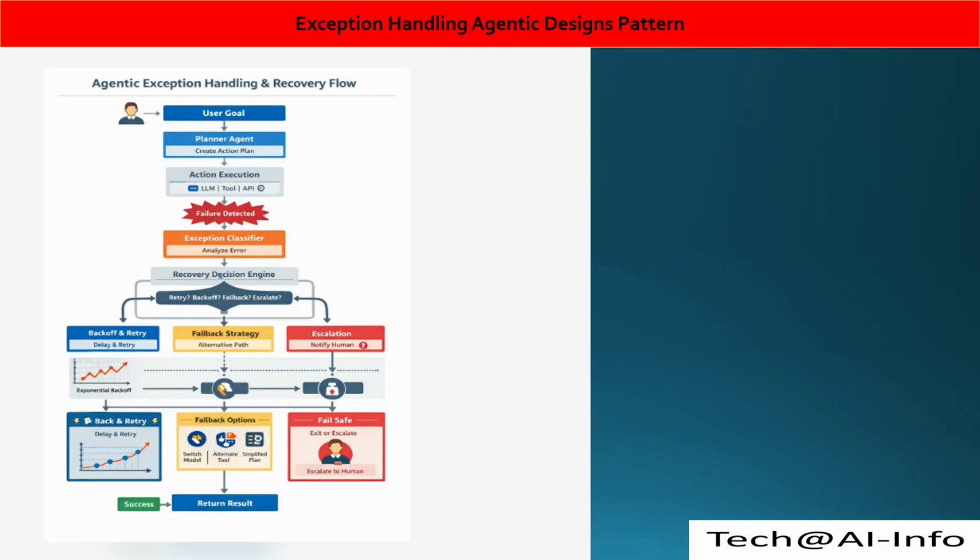Next is the reflection and self-learning layer, which is advanced. After recovery from failure, ask what failed and why it failed, and what should change next time. The agent updates the prompt, plan, tool choices and retry strategy. This prevents repeating the same mistakes.